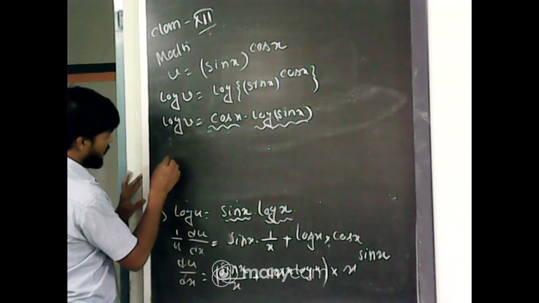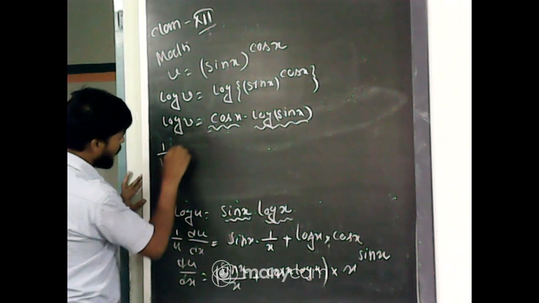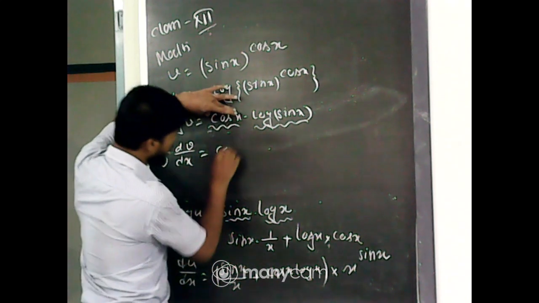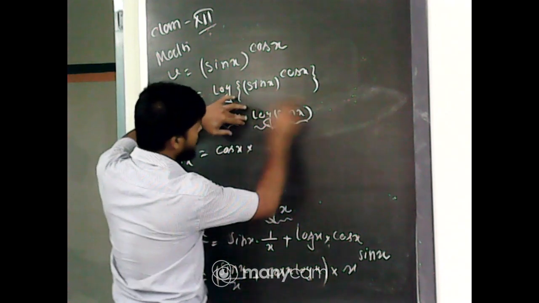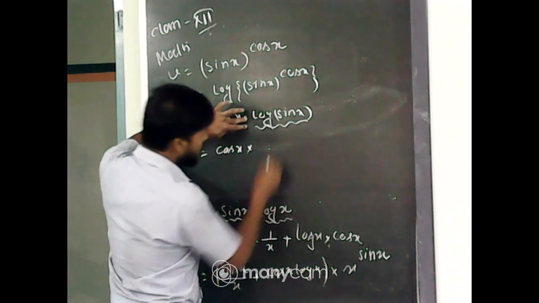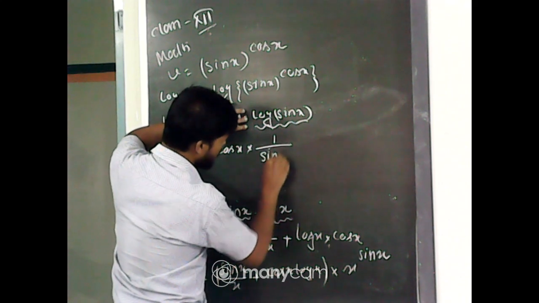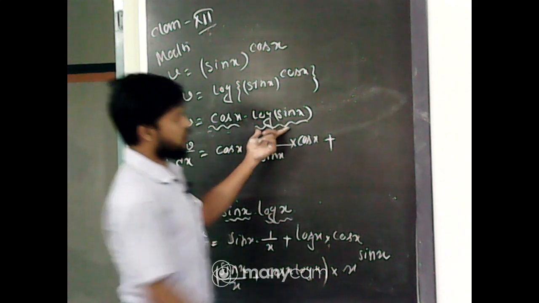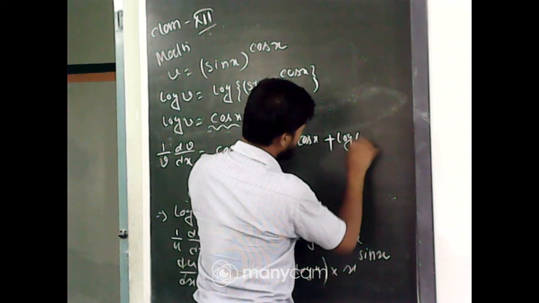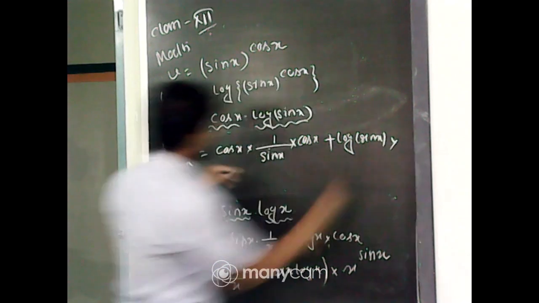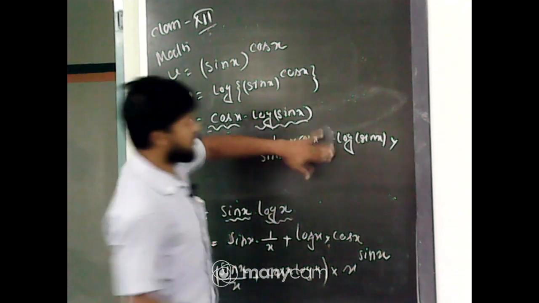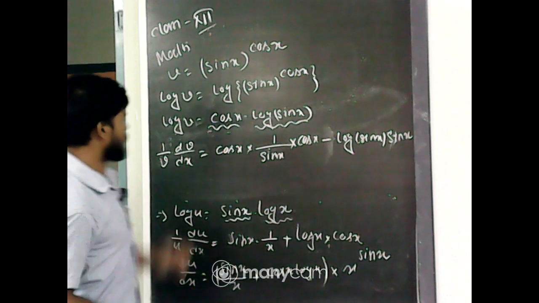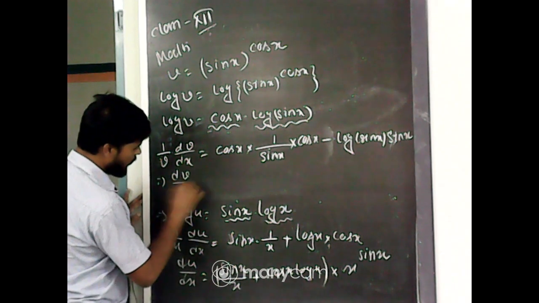Differentiating both sides with respect to x, we have 1/v dv/dx is equal to: cos x into derivative of log of sin x, which is 1/sin x into cos x, plus log of sin x into derivative of cos x. We know derivative of cos x is minus sin x.